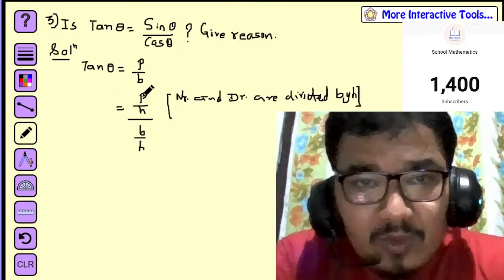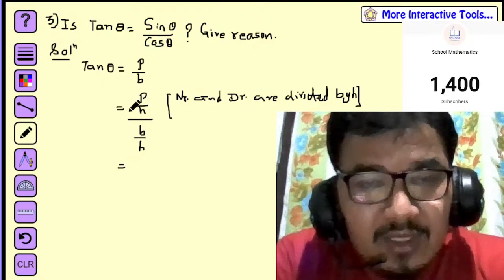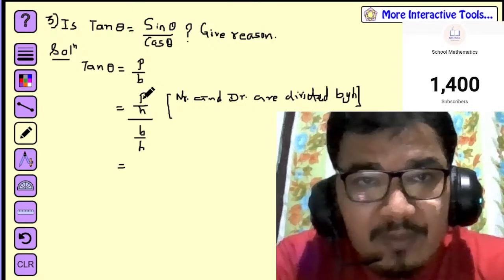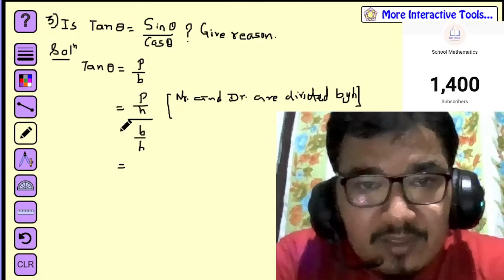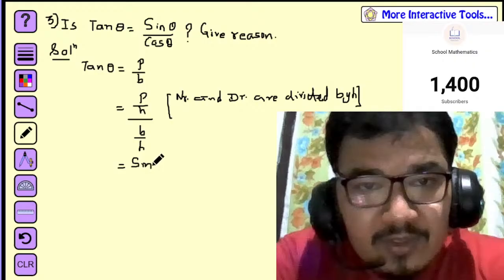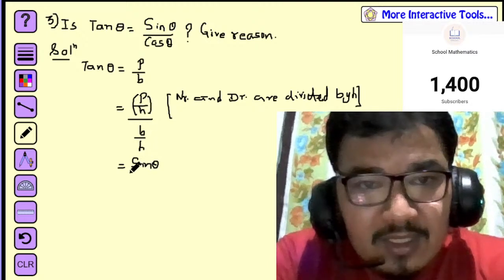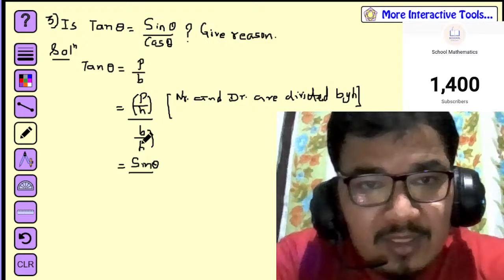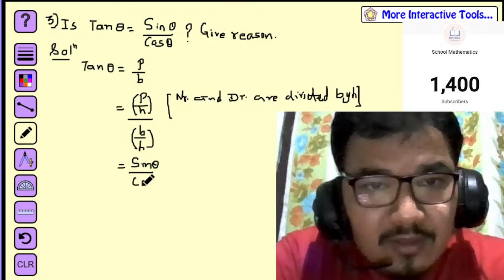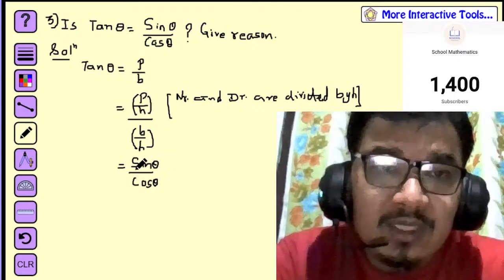Then, as we know, p by h, perpendicular by hypotenuse, is the ratio of sin theta, and b by h is the ratio of cos theta.